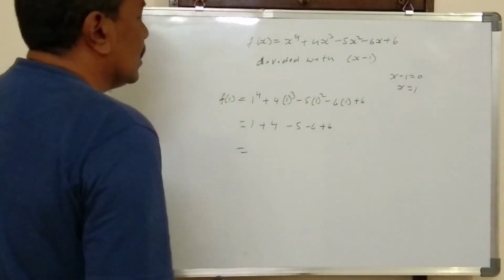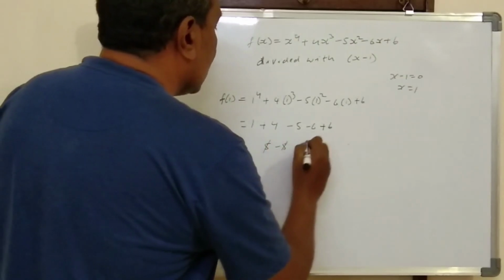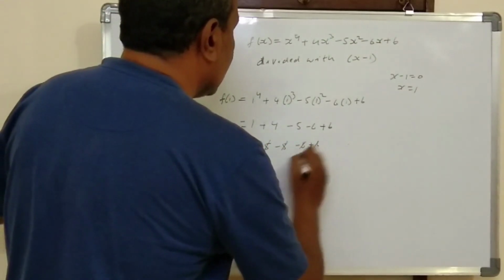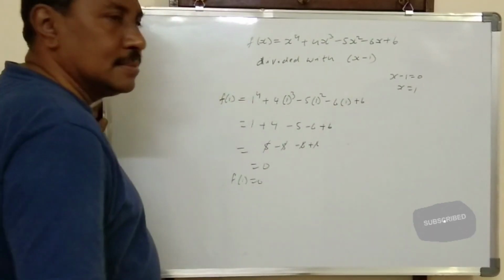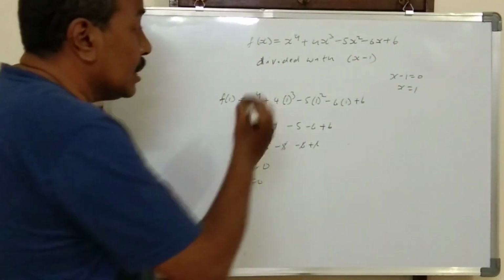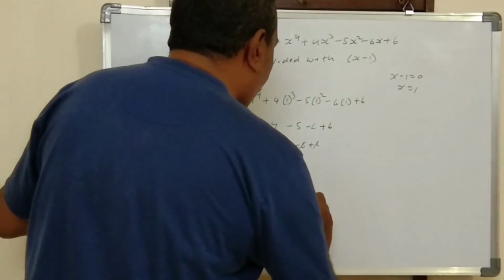Now 1 plus 4 is 5, 5 minus 5, minus 6 plus 6 is equal to 0. So f of 1 is equal to 0. We got the remainder as 0. So x minus 1 is one of the factors of f(x).